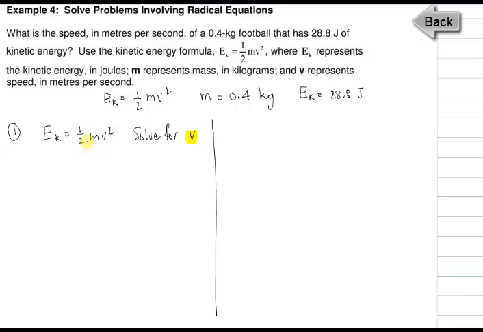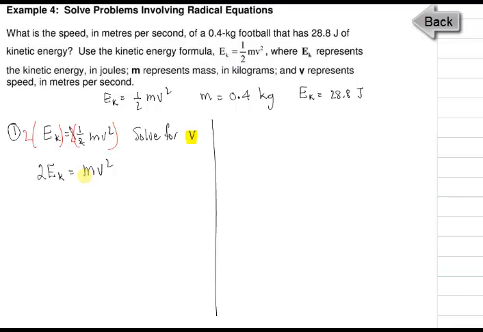Okay, so the first thing that you might want to do is to get rid of this denominator. That means you want to multiply both sides by 2, so that on the left you now have 2e subscript k, and on the right your 2's will reduce and you're left with mv squared.